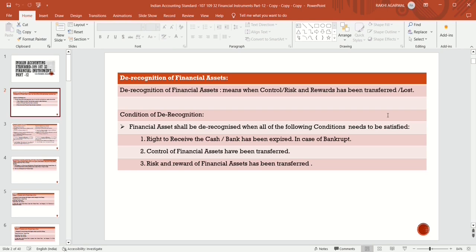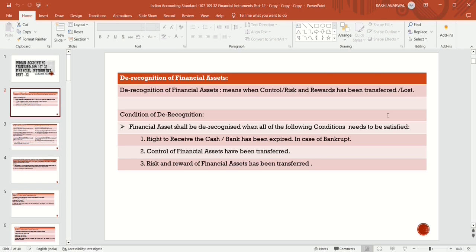Like if control of the financial asset, risk and reward are transferred by way of sale of that asset. If the control of the financial asset has been transferred, the risk and reward of the financial asset have been transferred, or the right to receive the cash has expired. In case of bankruptcy, if any bankruptcy has taken place, then in that case also the right to receive cash has expired.